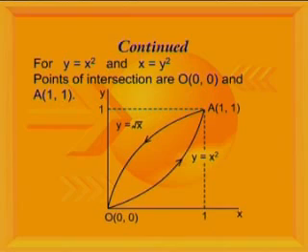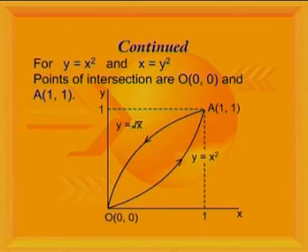Solving these equations for curves, y is equal to x square and x is equal to y square, the points of intersection are (0, 0) and (1, 1). Y is equal to x square, as you know, is the parabola whose axis of symmetry is along the y-axis, and y is equal to square root of x.